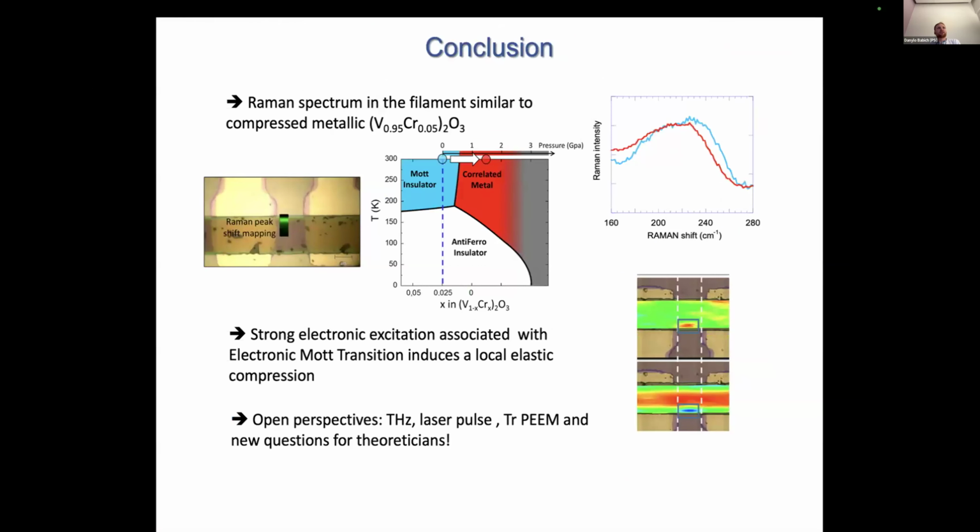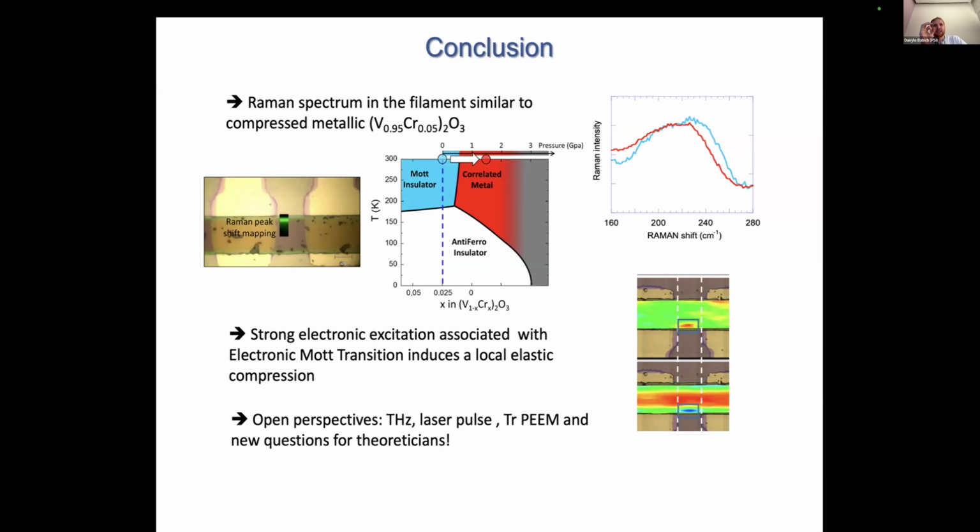To summarize, we learned a lot. First, Raman shows a shift of the Raman modes, especially softening when you apply pressure, which is a kind of trivial result that will also be published soon.